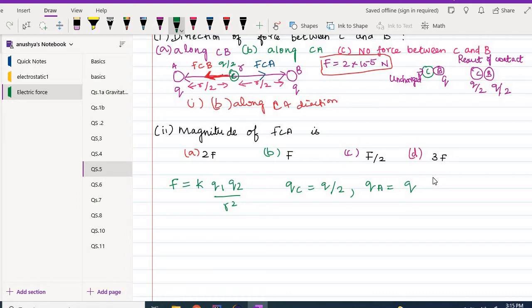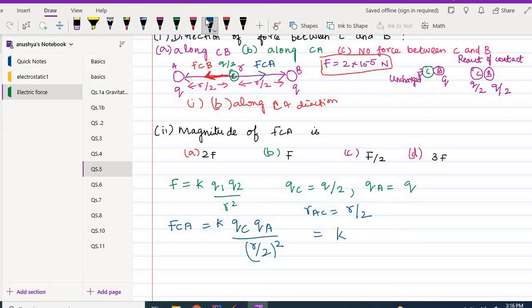Now we have to find the force experienced by the charge C due to A. So K into QC times QA divided by the distance squared. The distance between C and A is R by 2, the whole square.